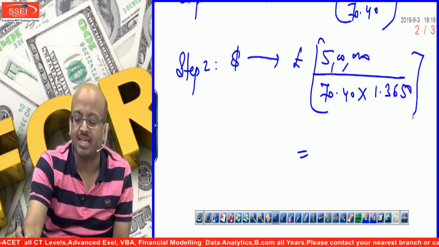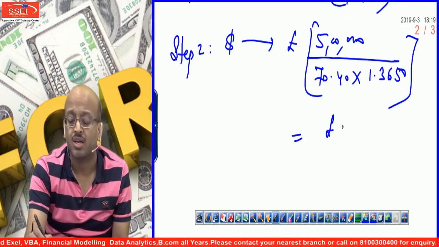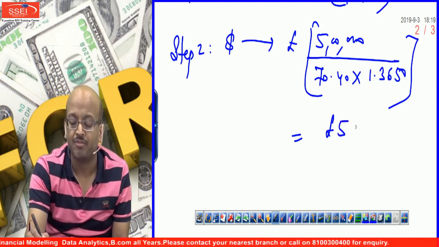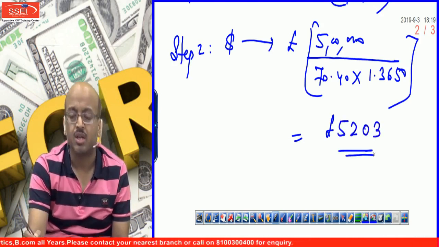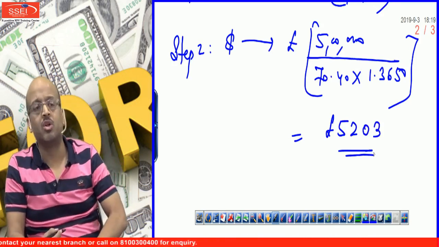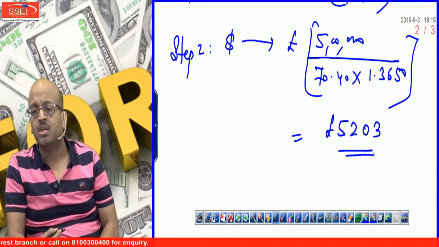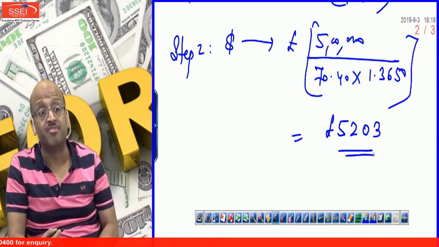So this is what you all had said. Yes, what is the answer? Pound 5203 approx. Since most of you, I can see, are able to apply your brains 100% right now.